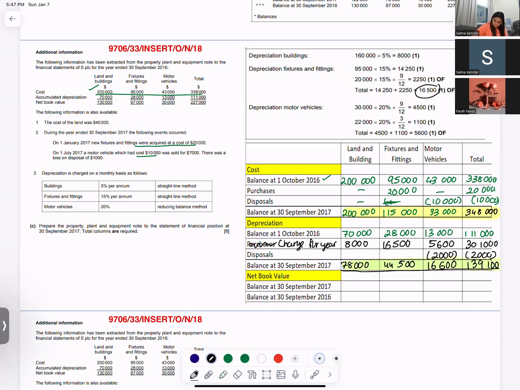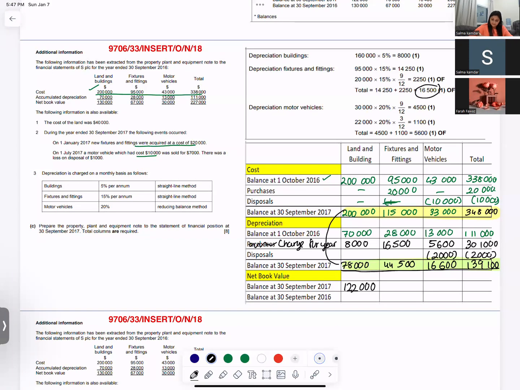The net book value? It is 208,900. Huh? 200,000 minus 78,000 is how much? 122,000. Okay.